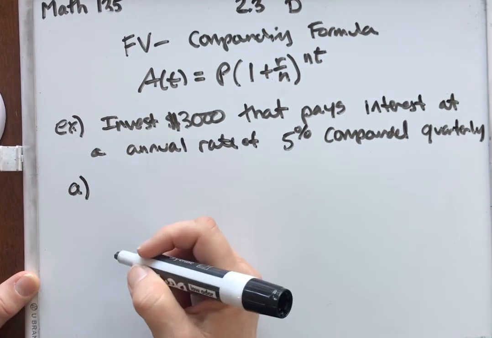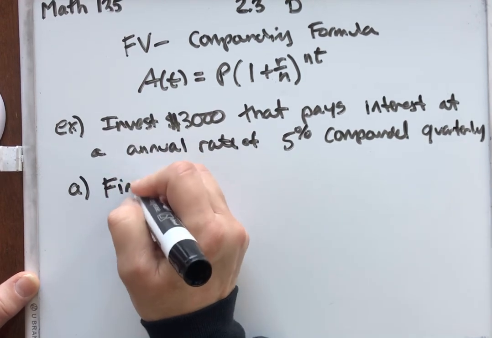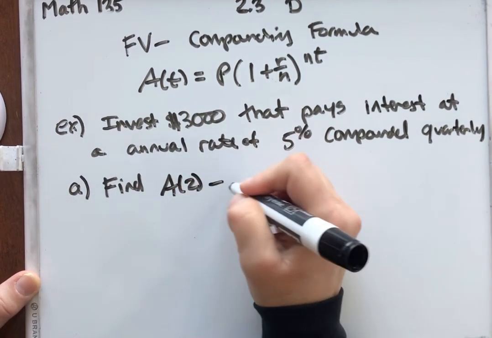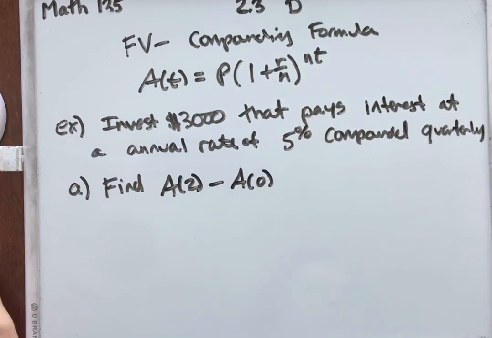So here's your type of homework question. Find A of 2 minus A of 0.